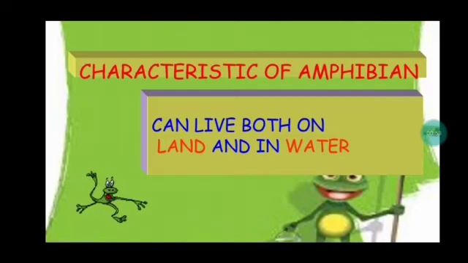When the frog is on land, they breathe by lungs, but when they are in water, they breathe by using their skin, their moist skin. Because some students ask me as a teacher, why is a crocodile a reptile? Kenapa kok buaya itu reptile, teacher? Kan buaya bisa hidup di 2 tempat. Crocodile can live in water and also on land.